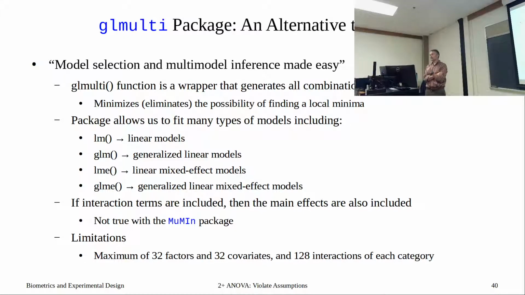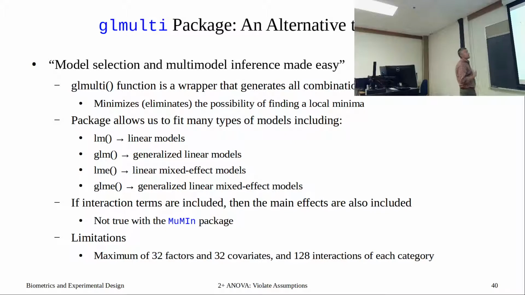Because it will find all of your models for you and calculate all of the AICs, and then it will return the top set of models. So we don't have to worry about ever hitting one of those localized minimum AIC values. We don't have to worry about updating our models. If we give it the full model and say, here, glmulti, go ahead and figure out what the best model is, it'll do that.